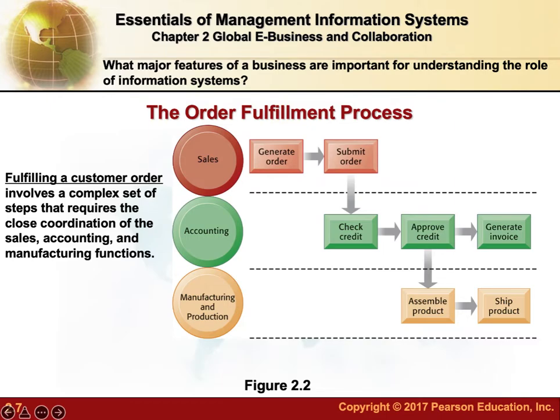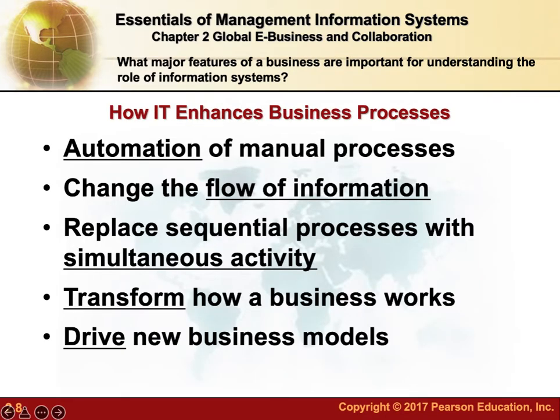So with IS or investment in IT, okay, all this process could be automated. Okay, information could flow immediately, transparent between departments, and it does change the business process, okay, and drive a new business model.